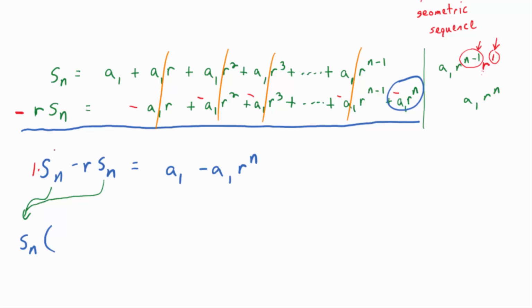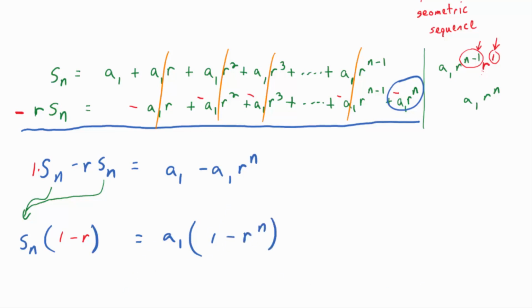So if I factor out this Sn, there's a 1 left here. If I factor out this Sn, there's a minus r left here. So 1 minus r left inside. The right side doesn't change. Oh, except I might as well go ahead and factor out the a1. It'll maybe look a little nicer. If I factor out the a1, what's left on the right side? 1 minus r to the n.